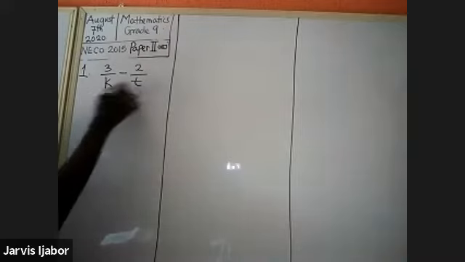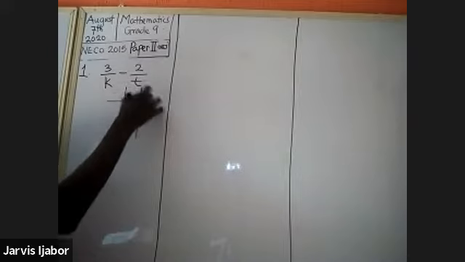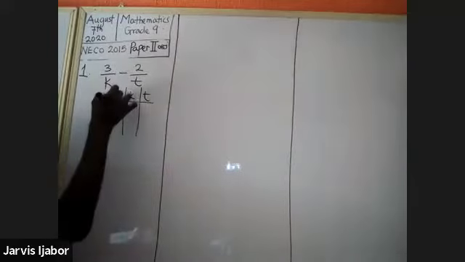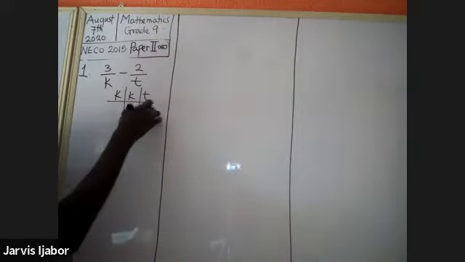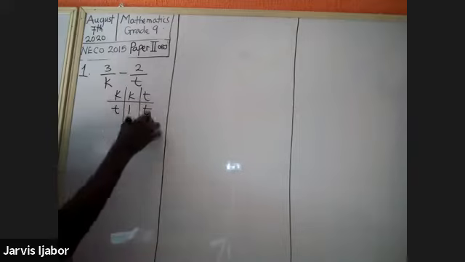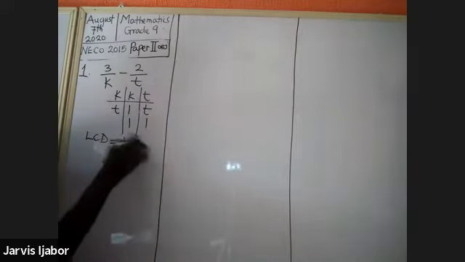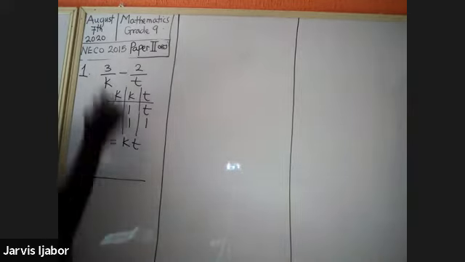You have k and you have t. All these are primes. K, use the order of the letters. K will be 1 and t will be 1 and 1. So the LCD or LCM will be kt, k times t. That will now form your denominator.